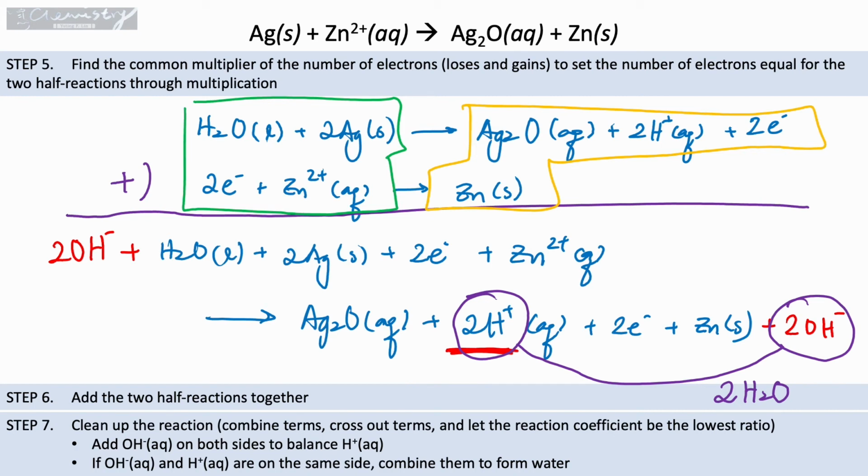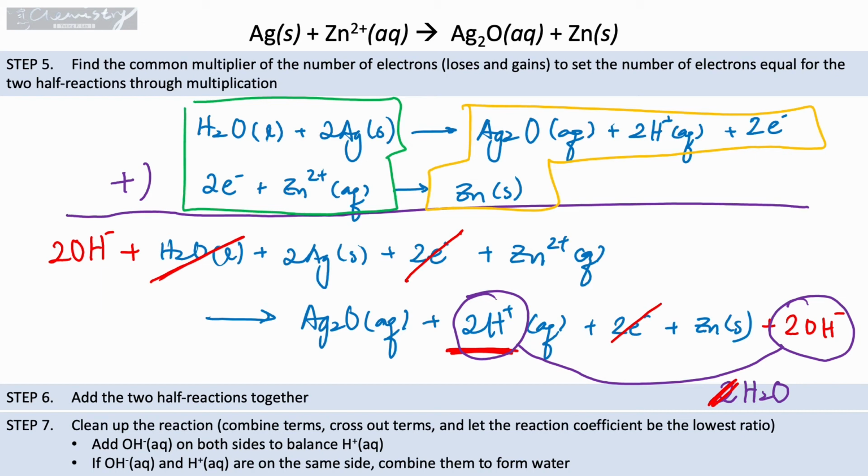Now we can cross out the H2Os, because they have 1 H2O and 2 H2O, and also cross out the electrons as we used to. So the 2 OH- is the thing that is different from the acidic condition.